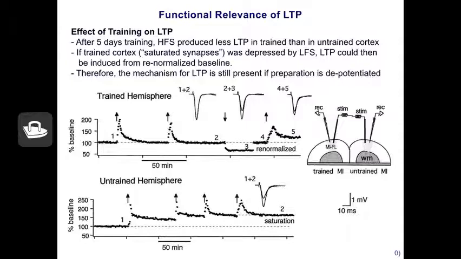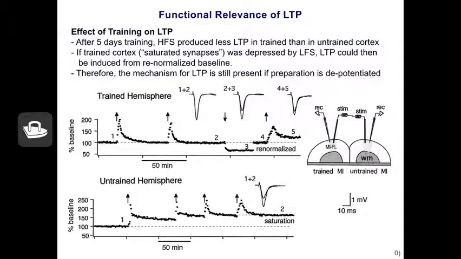And stimulating and recording electrode pairs were placed once again in forelimb motor cortex for contralateral trained cortex and ipsilateral untrained cortex. But now, rather than just recording responses to test pulses, they induced LTP in the motor cortex.